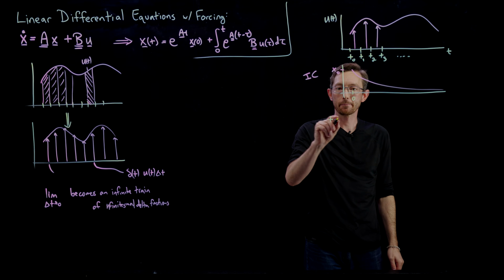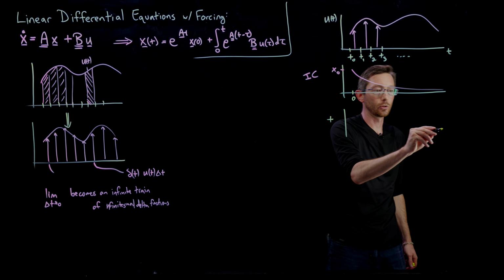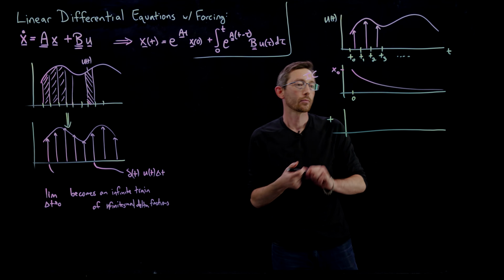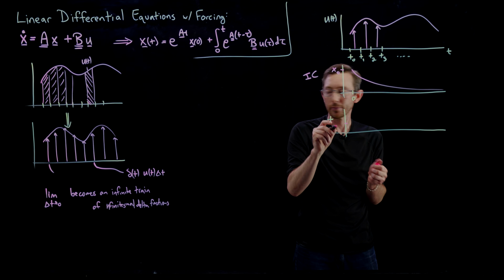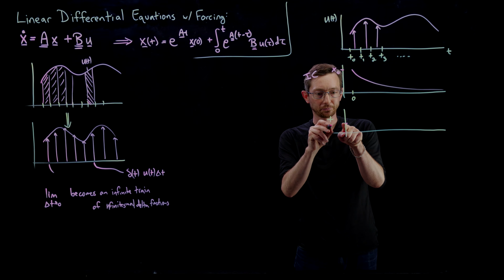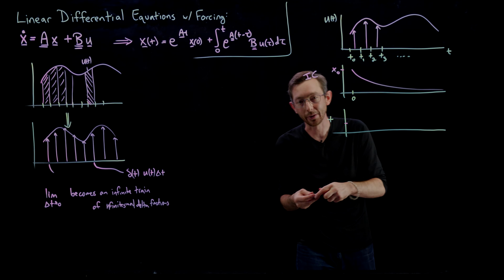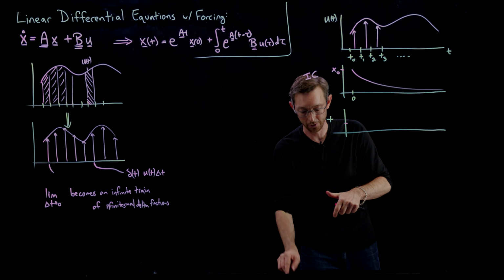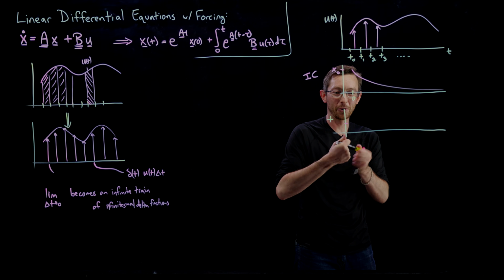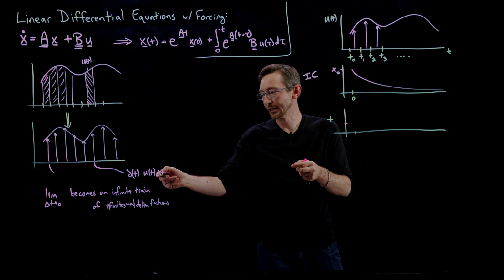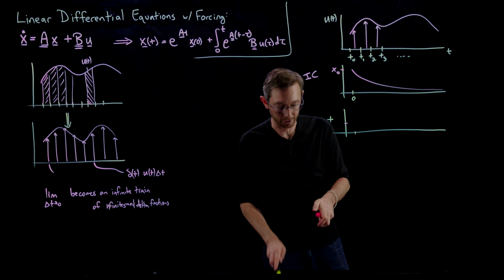So plus whatever my control input u is; there will be a little delta function here at time 0. I'm trying hard to get this actually right for you. The first one is at time 0, and that would be u0 delta t times this delta function.